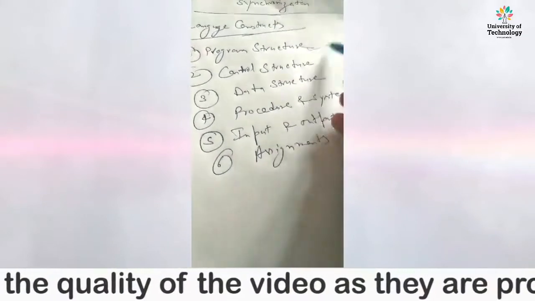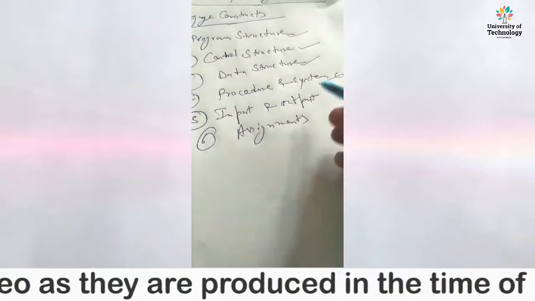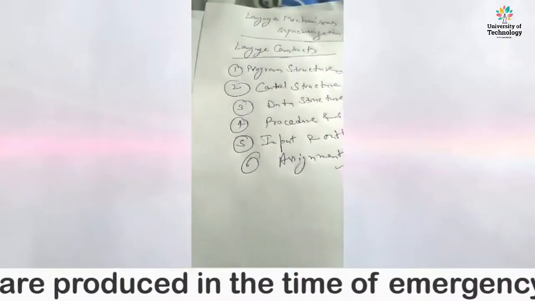First, program structure. Second, control structure. Third, data structure. Fourth, procedure and system calls. Fifth, input and output. Sixth, assignments.